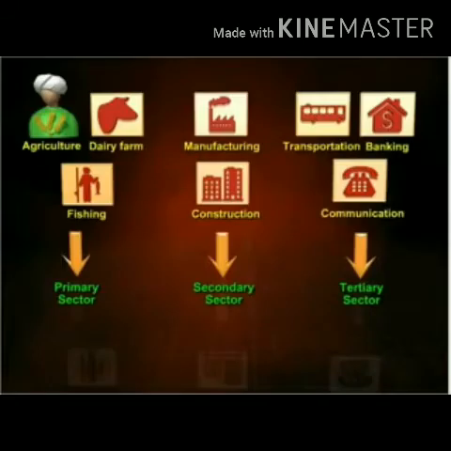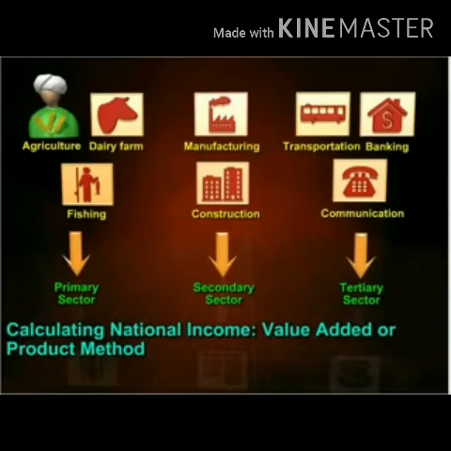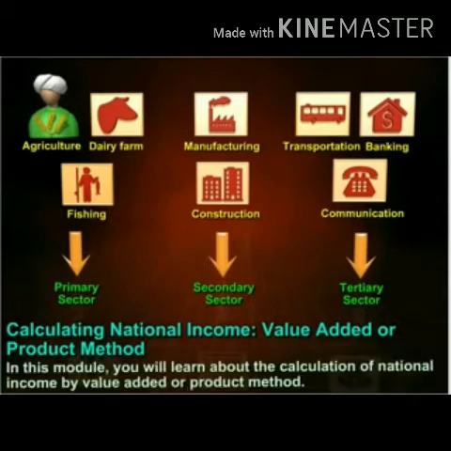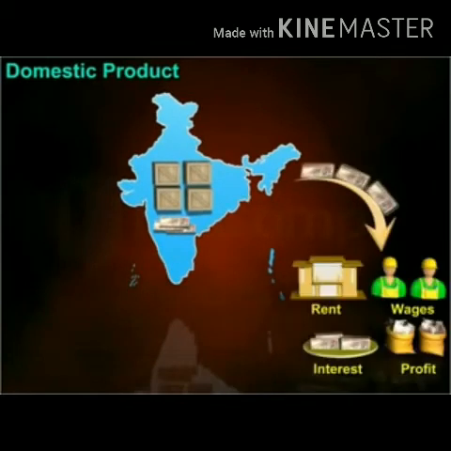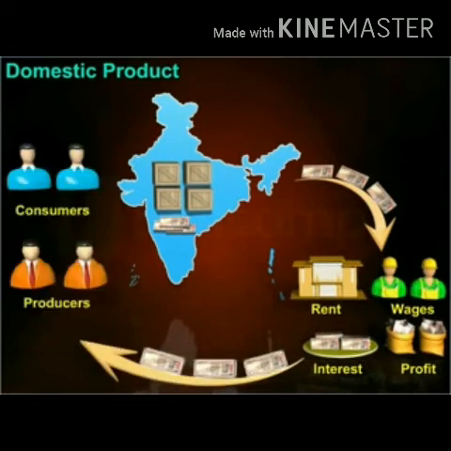Clear? The first step to calculate national income by the value added or product method is the identification and classification of firms, that is, the primary sector, secondary sector, and tertiary sector. The final goods and services within the domestic territory of India generate income: rent, wages, interest, and profit.